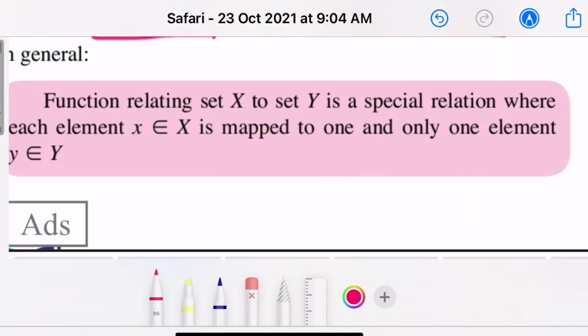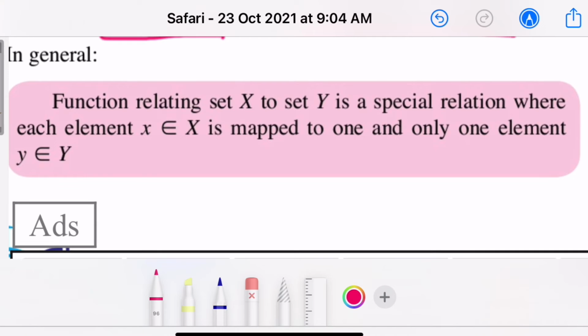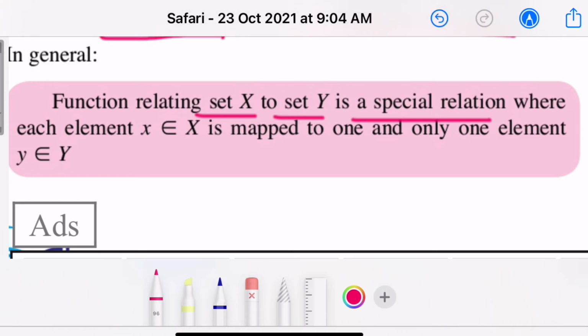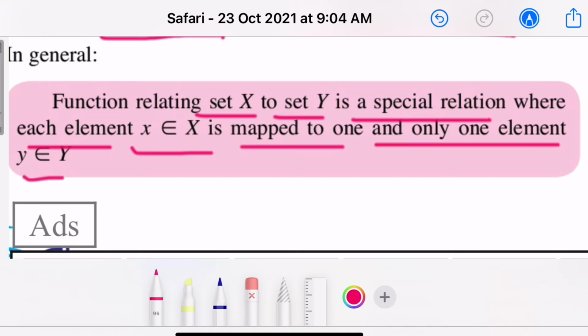In general, a function relating set x to set y is a specific relation where each element x belonging to set x is mapped to one and only one element y, where y is an element of set y and x is an element of set x.